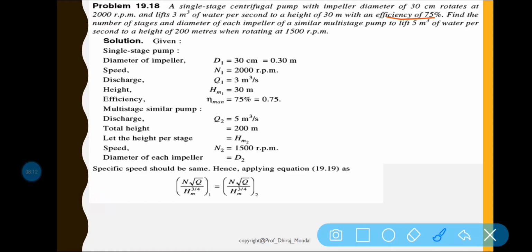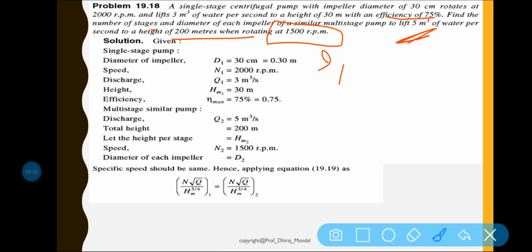Find the number of stages and the diameter of each impeller of a similar multi-stage pump to lift 5 meter cube of water per second to a height of 200 meter when rotating at 1500 rpm.